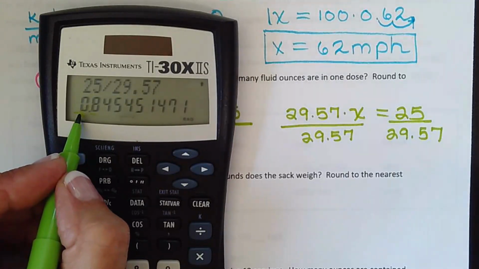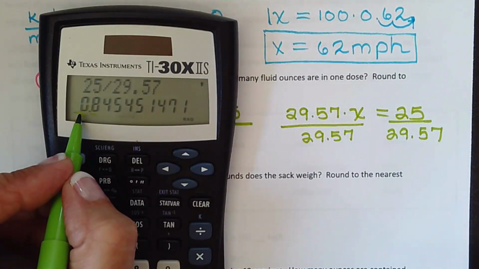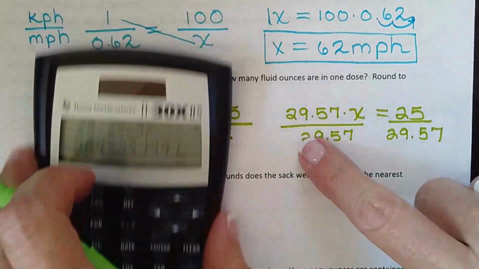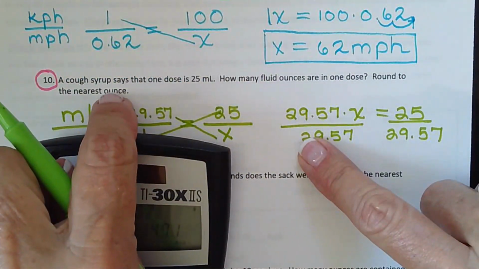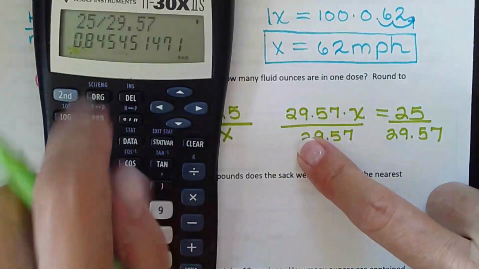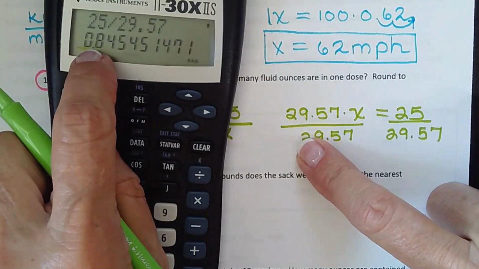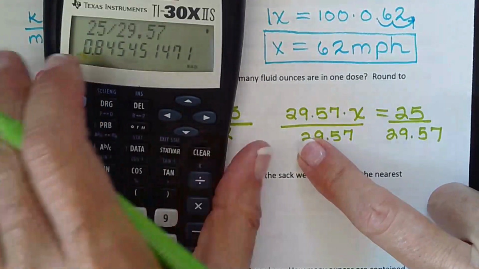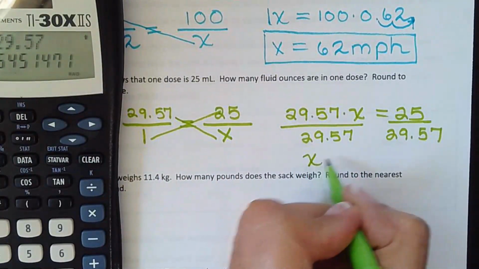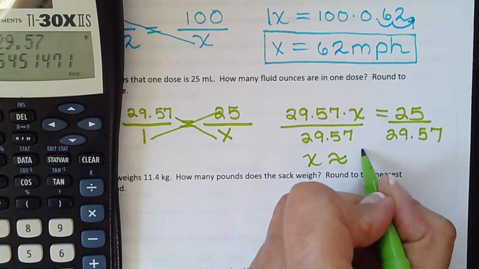I could just see putting this one on a test and students would write 0.8. That would be the nearest tenth. It says round to the nearest ounce. Ounce is a whole number. So 0 followed by an 8 turns that 0 into 1. So x is approximately 1.